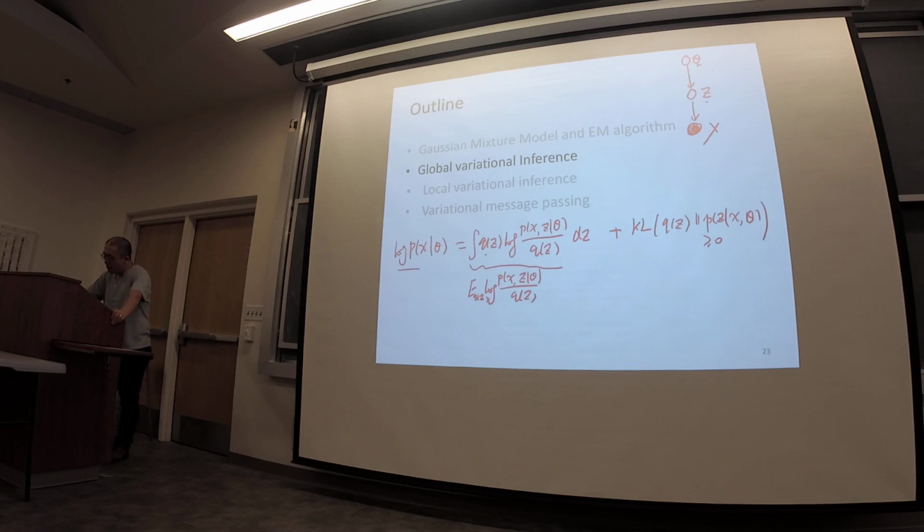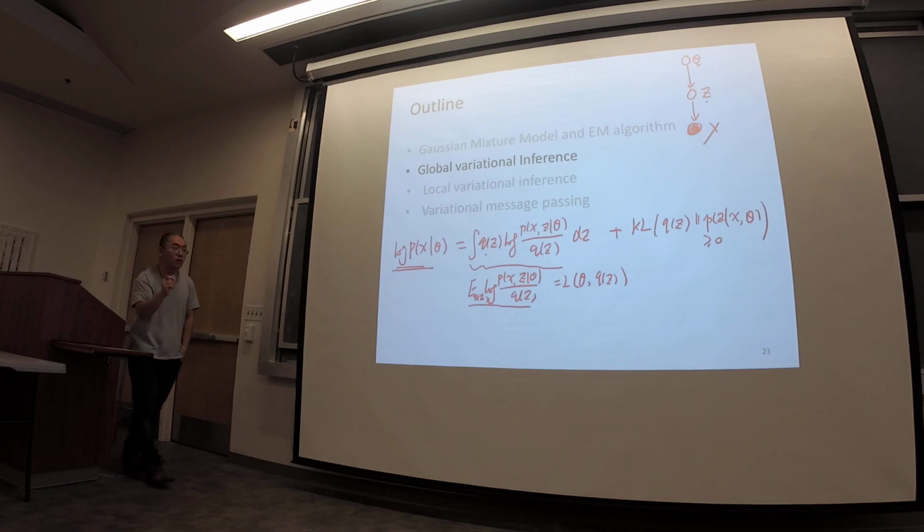So the EM algorithm essentially maximizes the original log evidence, but never calculates it. It uses this evidence lower bound as a bridge or surrogate. We treat the evidence lower bound as a function of two parameters.